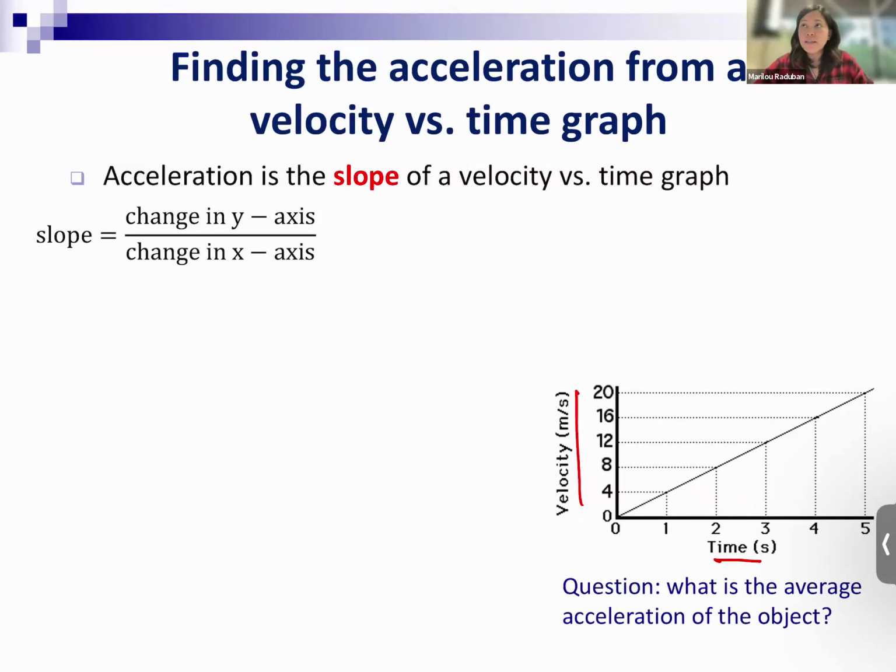If we calculate the slope of this graph, slope being defined as the change in the value of the y-axis divided by the change in the value of the x-axis, and we substitute what the axes represent, the change in the y-axis will be the change in velocity and the change in the x-axis will be the change in time.